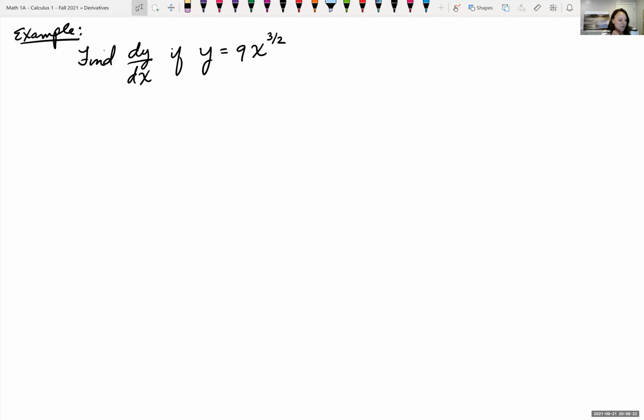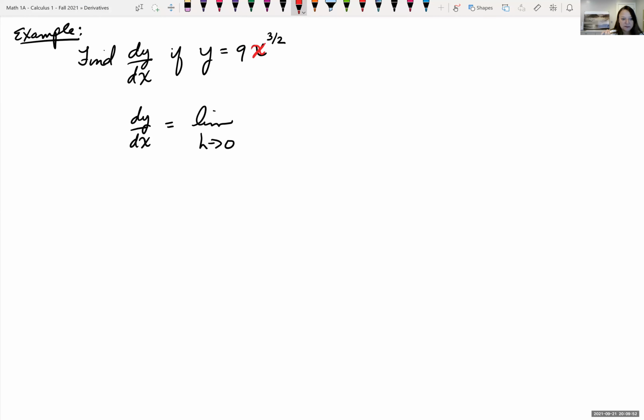So in this next example, it says find dy over dx. So that's representing finding the derivative of y with respect to x if y is equal to 9 times x raised to the 3/2 power. So dy dx is going to equal, again, the limit as h approaches 0 of that difference quotient.